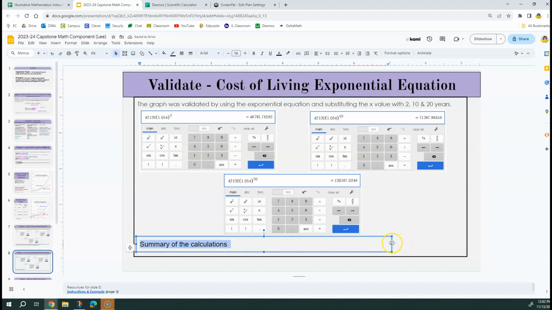Okay, so down here on this summary of the calculations, same thing that we did on the previous slide.